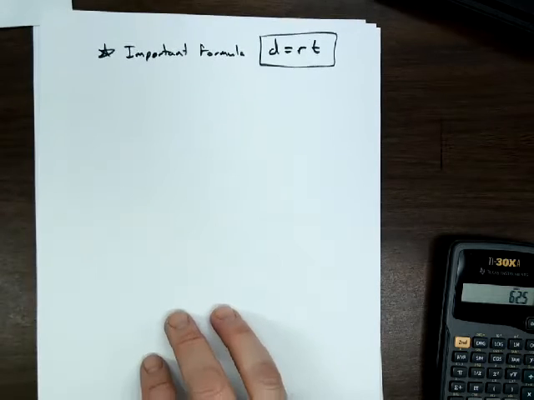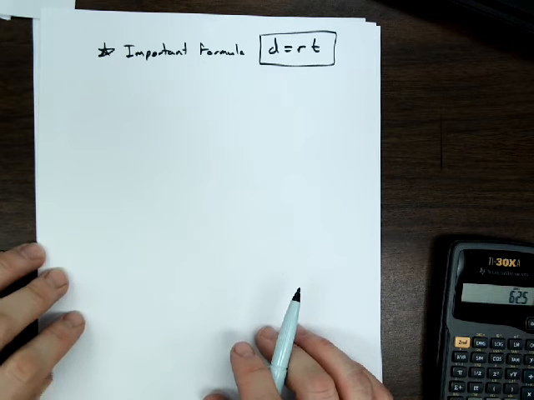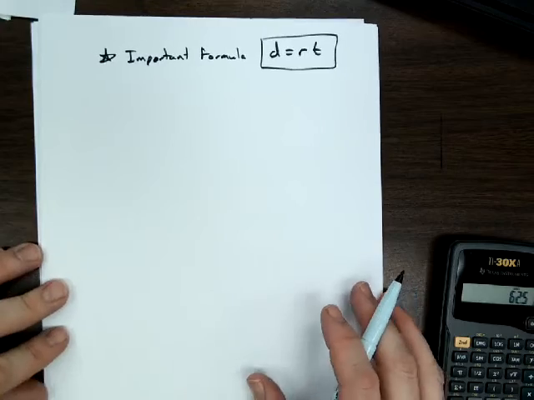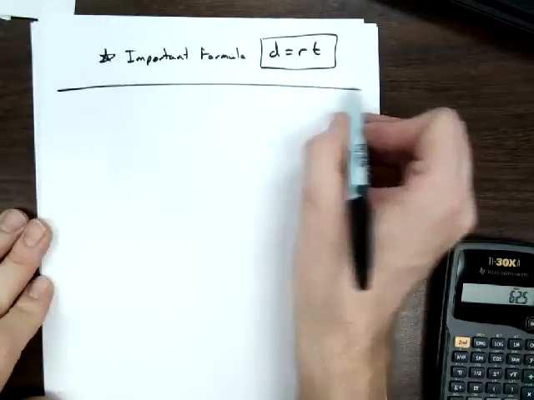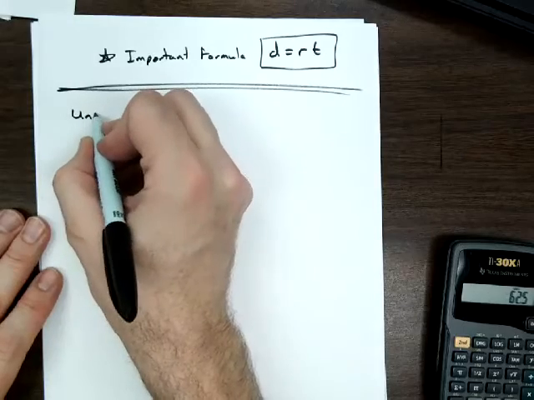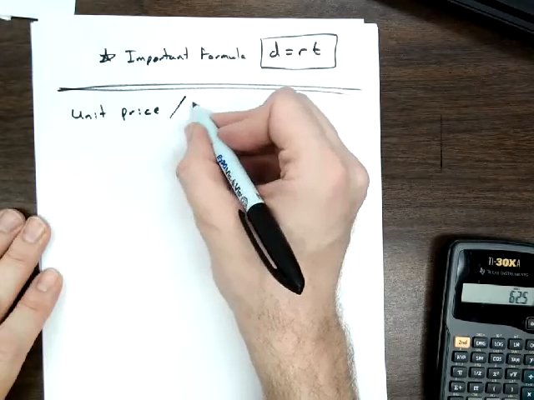Alrighty. Let's talk about one of the really important things that we're going to do, and how we can use these in our daily life. To do this, we're going to talk about a unit price, or sometimes you'll hear this called unit cost.